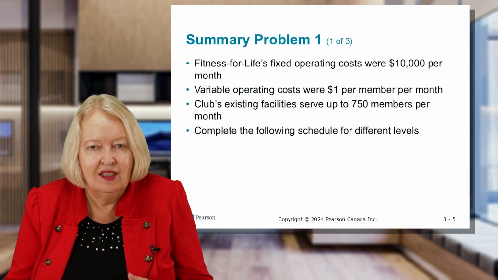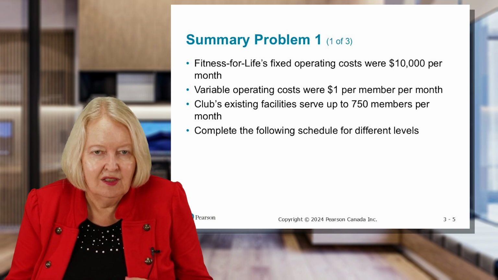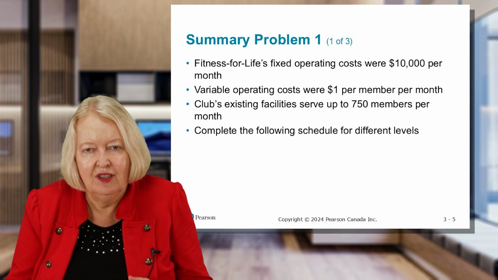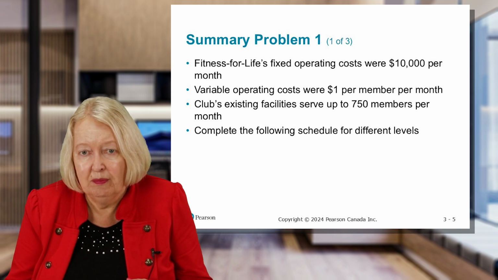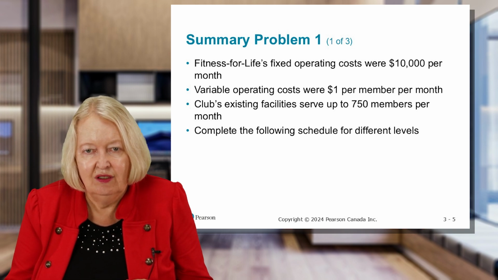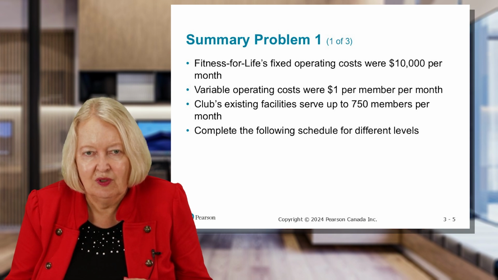So looking at, say, a fitness company, a Fitness for Life, say their operating costs were $10,000 per month and they had variable cost of $1 per member per month, and their existing facilities could serve up to 750 members.